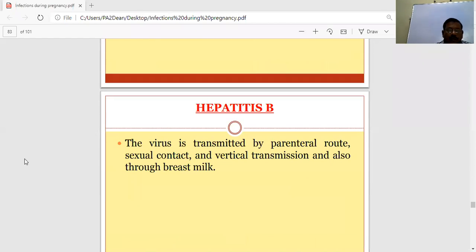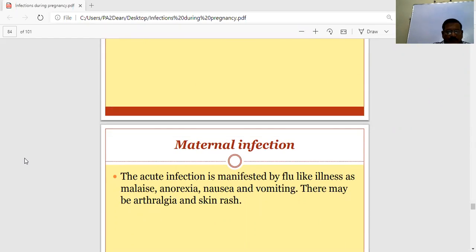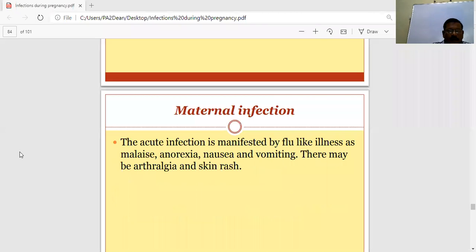Coming to hepatitis B infection, the virus is transmitted by parenteral route, sexual contact, and vertical transmission, and also through breast milk. Acute maternal infection is manifested by flu-like illness such as malaise, anorexia, nausea, and vomiting.